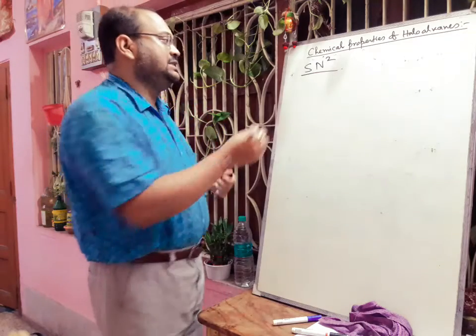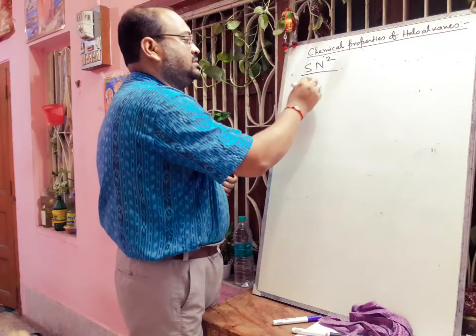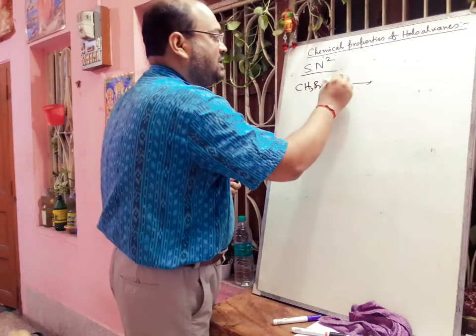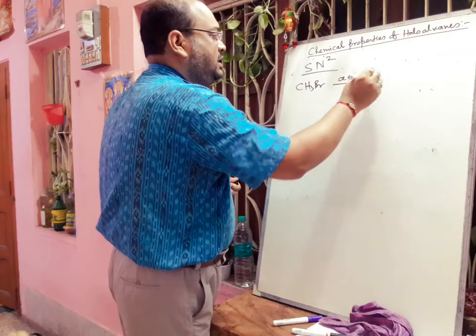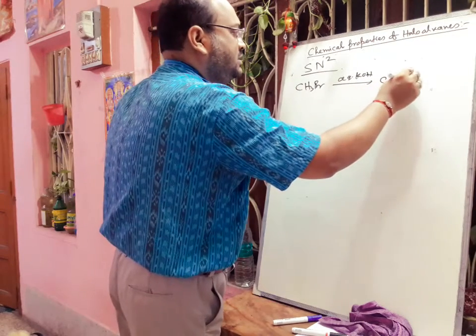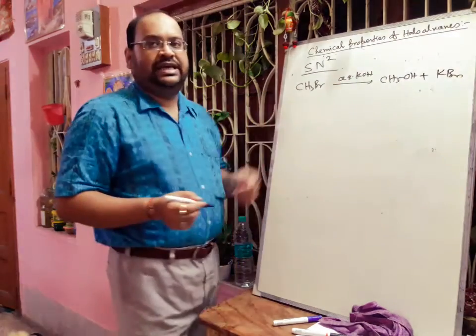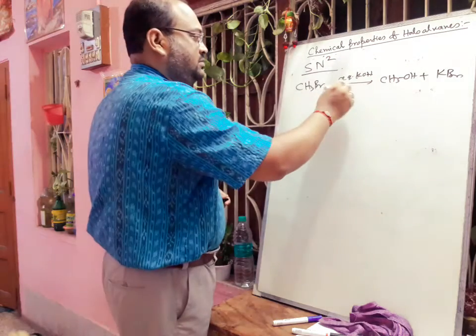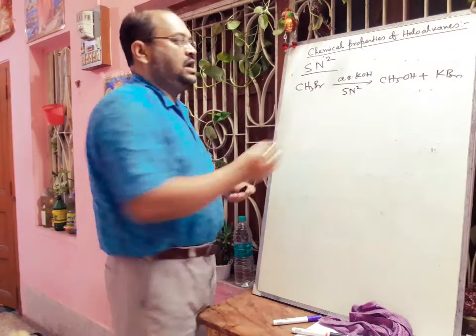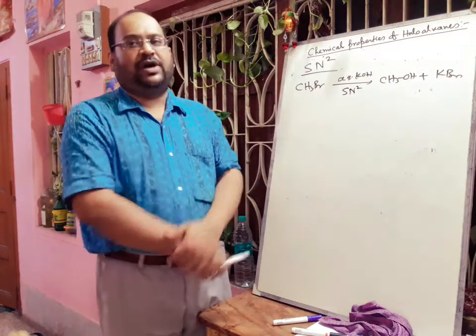If we take CH3Br and if we give aqueous KOH, then we will get CH3OH plus KBr. So this is an SN2 reaction, and the reaction is following the SN2 path.